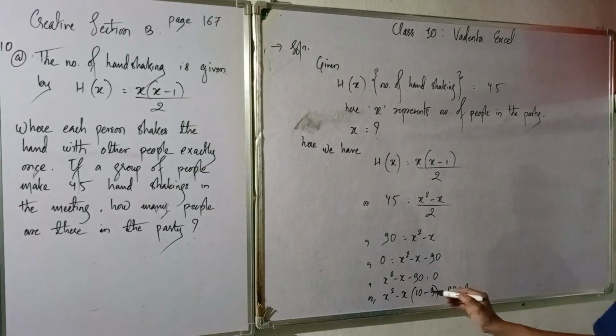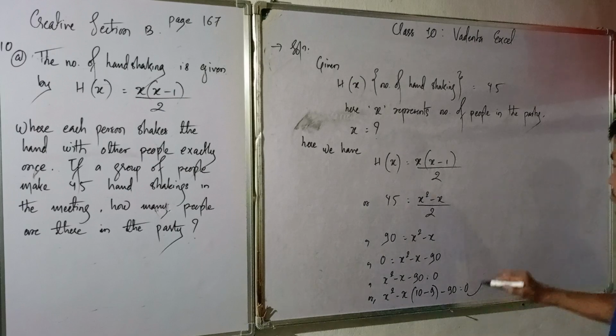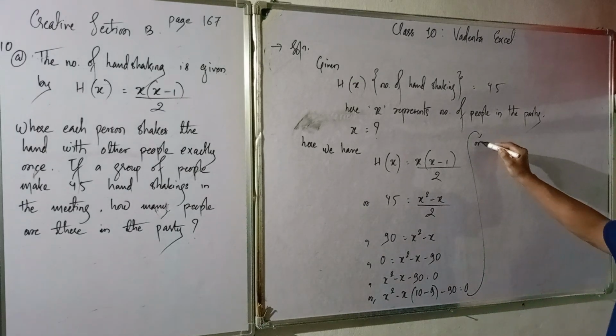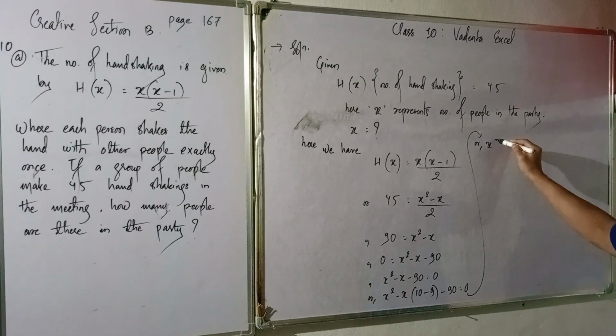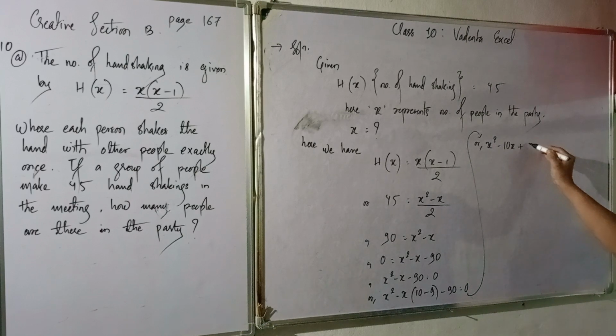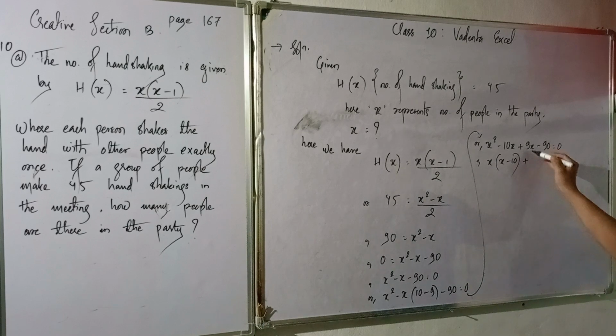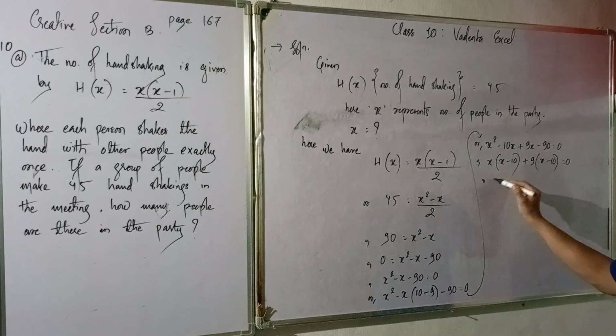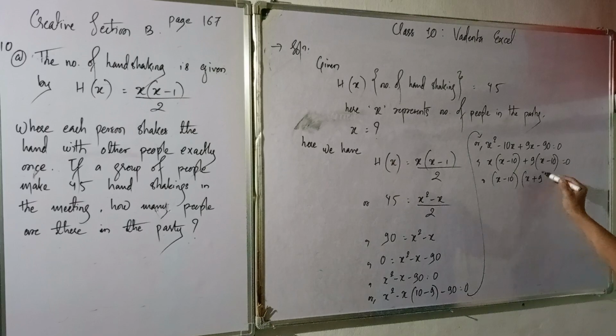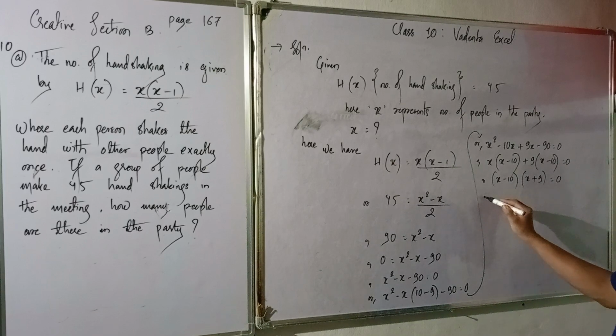I'm doing it here without skipping any steps, so it would be easy for you to understand. x squared minus 10x plus 9x minus 90 equals 0. x(x minus 10) plus 9(x minus 10), or (x minus 10) common, and inside (x plus 9), equals 0.